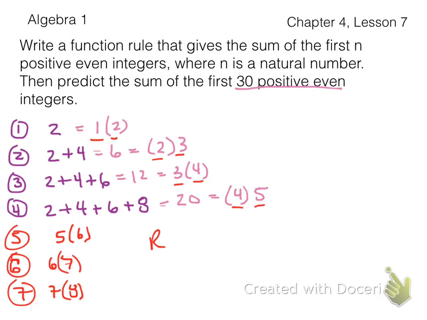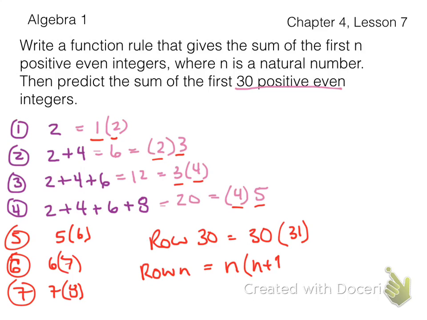So if we need to get to row 30, it's going to be 30 plus 1, which would be 31. And so how we're going to write that is the row n is equal to n times n plus 1. And that's going to give us the sum.